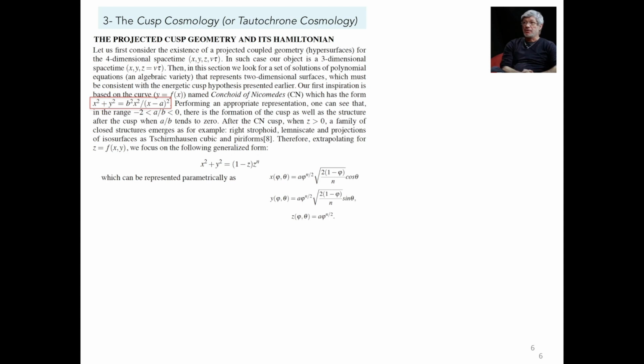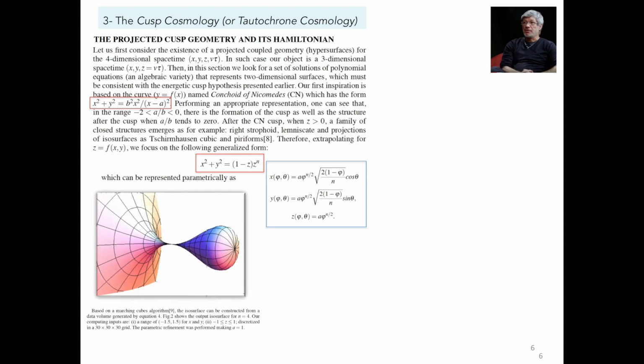In the cosmological projection, we use the surfaces of revolution given by this family, that for a given value of n, for example, for n equals 4, can be parameterized like this. From that, we can compute, using for example Martian-Kubi's algorithm, the quintic surface of revolution. So that's our projection for the Cusp Cosmology.